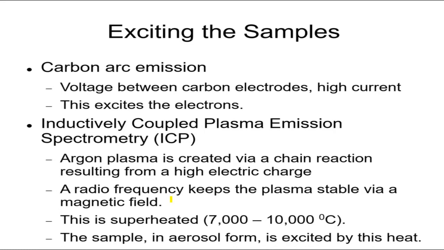And you've got a lot of energy in there. It wants to blow up, and it's confined. And all that energy becomes heat. It gets superheated, in other words, to incredibly high temperatures, 7,000 to 10,000 degrees Celsius. This excites the electrons. You put the sample in, usually in aerosol form, because I don't know what else can survive this.